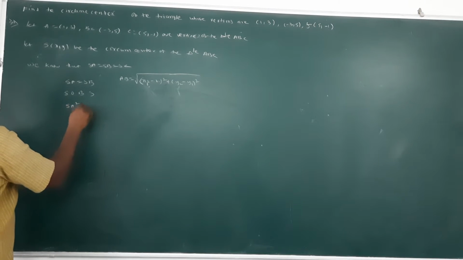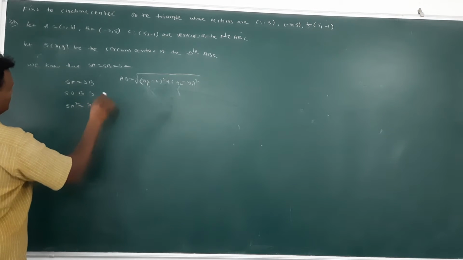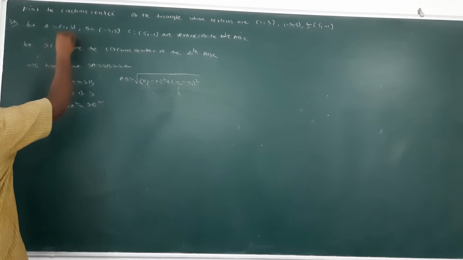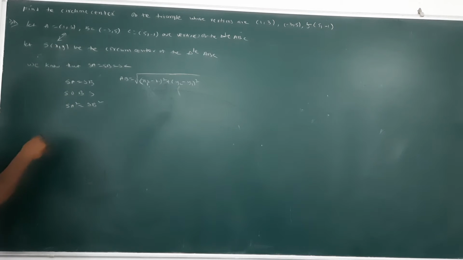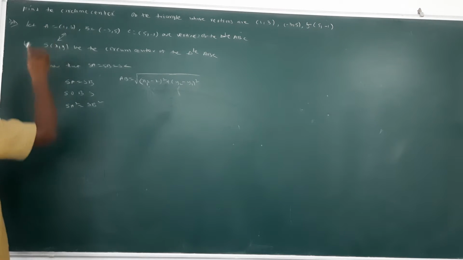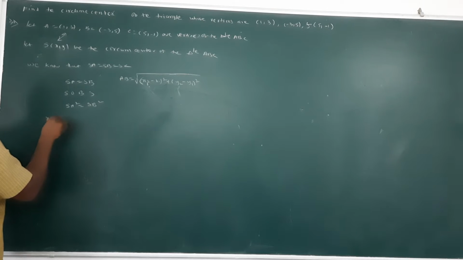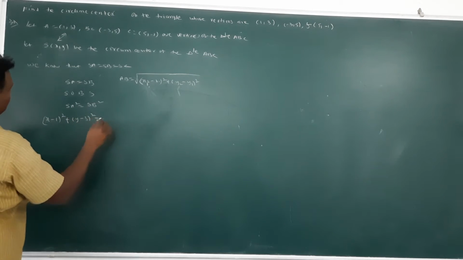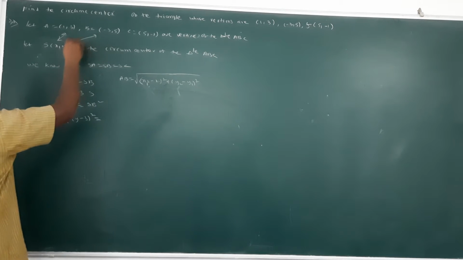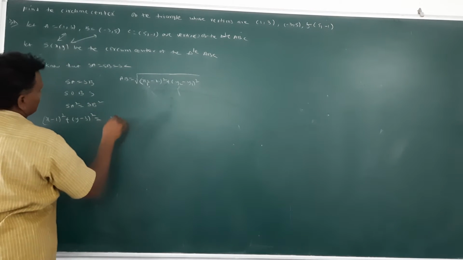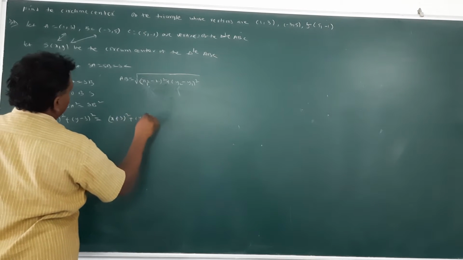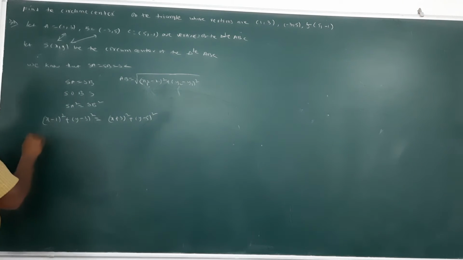Nothing but SA square is equal to SB square. The distance between S and A is (x minus 1) whole square plus (y minus 3) whole square. Next, SB is (x plus 3) whole square plus (y minus 5) whole square.